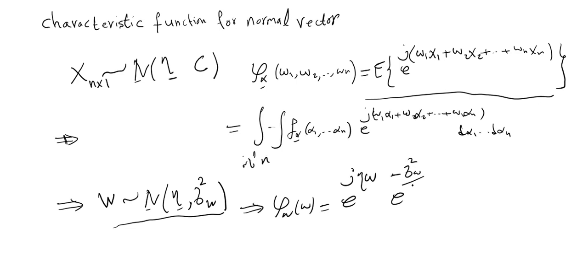It's easy to find, and I can write the characteristic function for W like this. I will explain this in future videos. If you have a problem finding the characteristic function in one dimension, let me know in the comments.